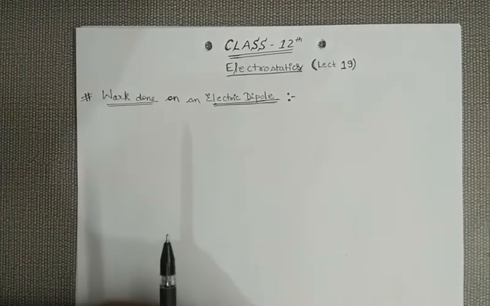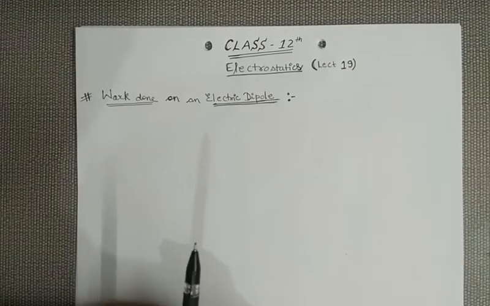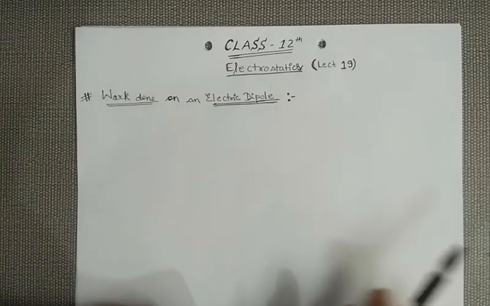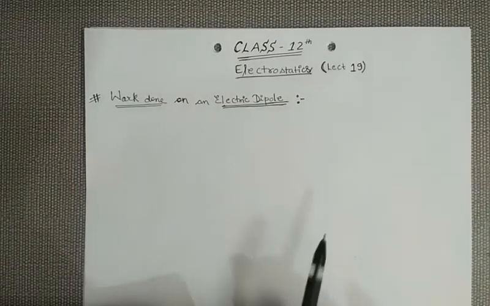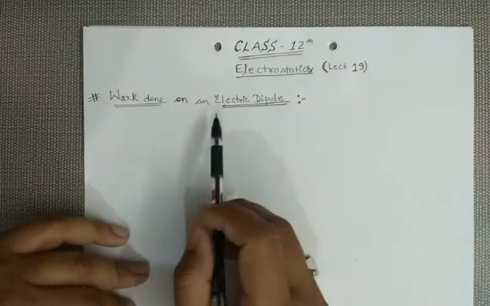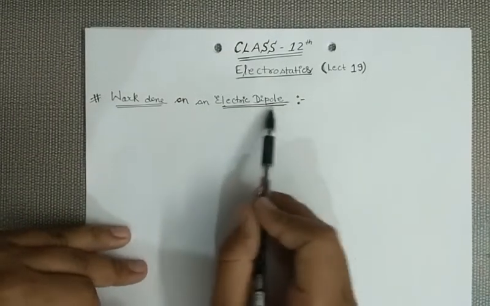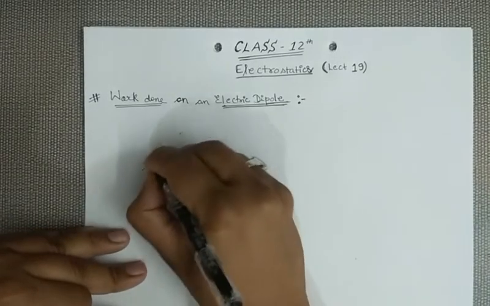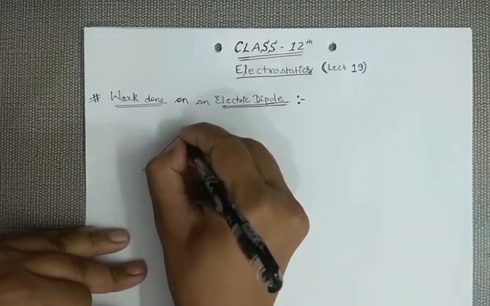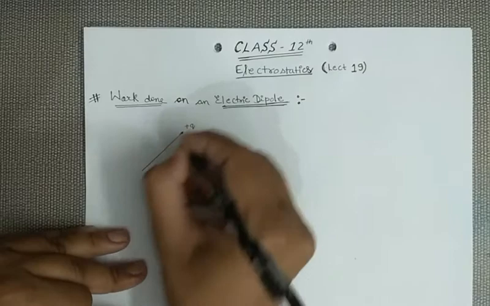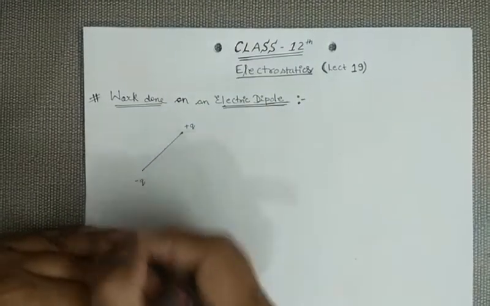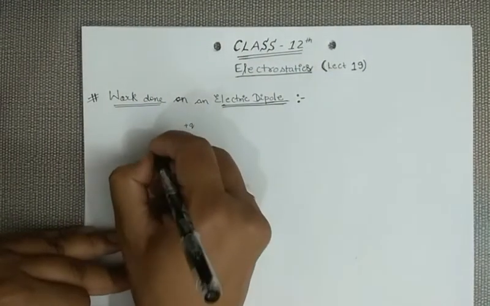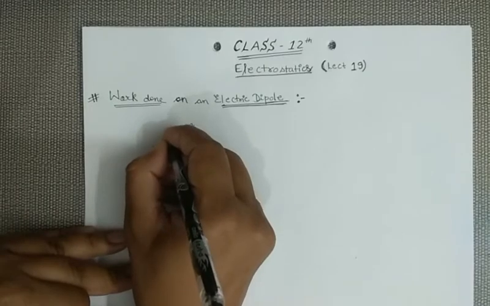So this is my 19th lecture on electrostatics, and in this lecture we are going to study work done on an electric dipole. Now see, what does this mean? First of all, try to remember what an electric dipole means. If you remember, we have studied two charges of equal magnitude, that is plus q and minus q, and the distance between them is 2a.